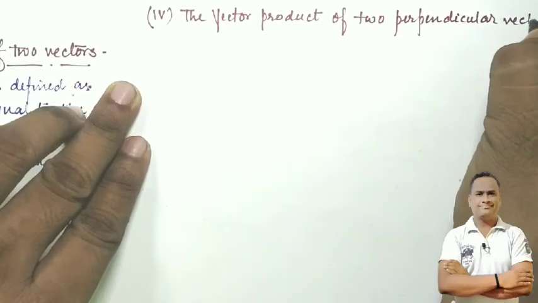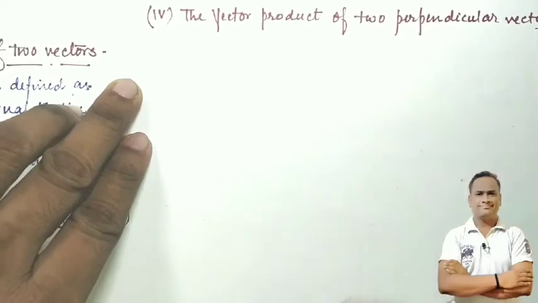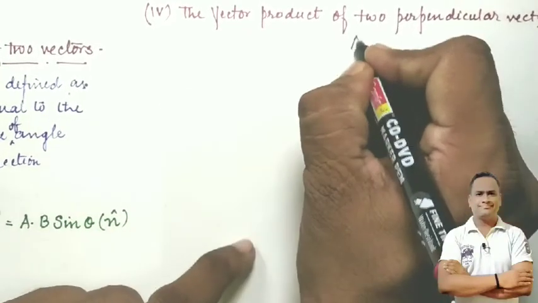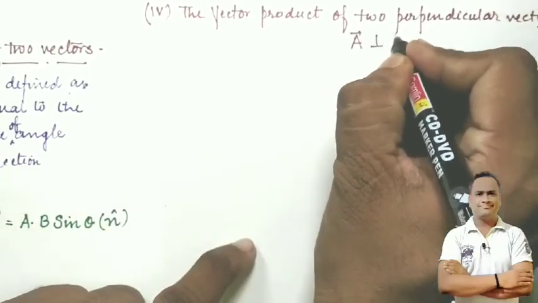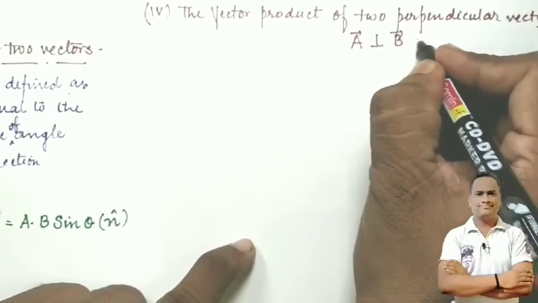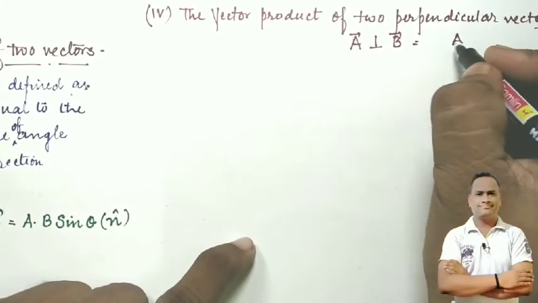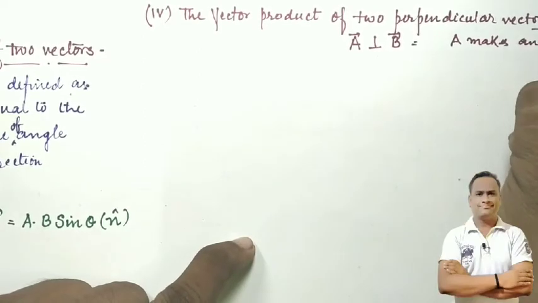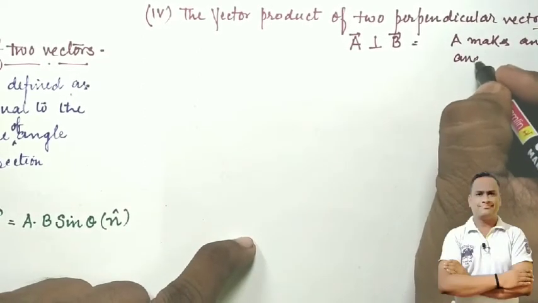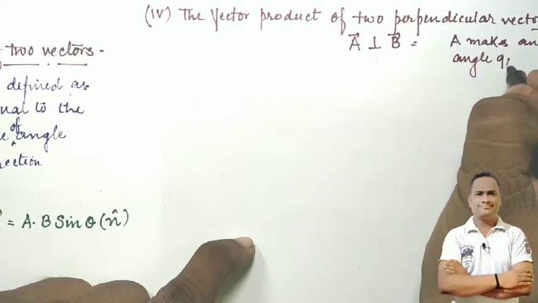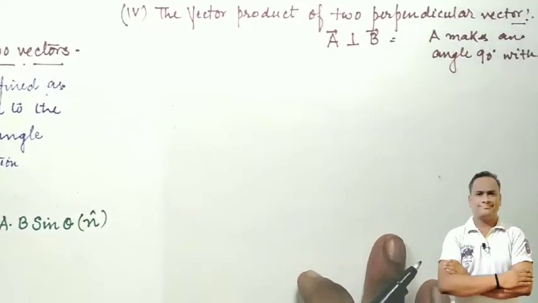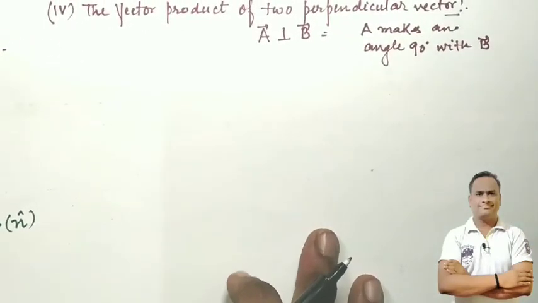Okay students, in this condition the two vectors are perpendicular to each other, which means vector A is perpendicular to vector B. What does it mean? It means that vector A makes an angle of 90 degrees with vector B.